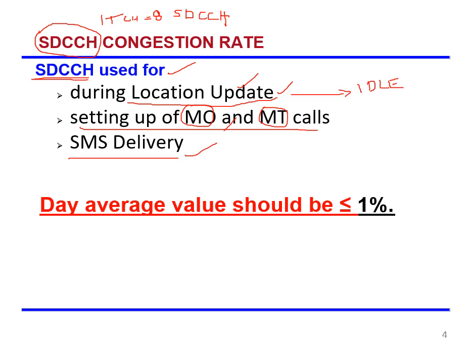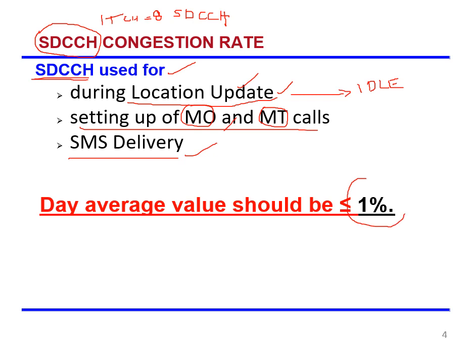That means SDCCH channels are not freely available to customers for location updation. If location updation does not take place, the user will not get an incoming call. The user will not be able to use the services easily, and SMSs cannot be delivered. The call setup will not be done. That will be a great problem, a great discomfort to the users, and the quality of service will deteriorate.